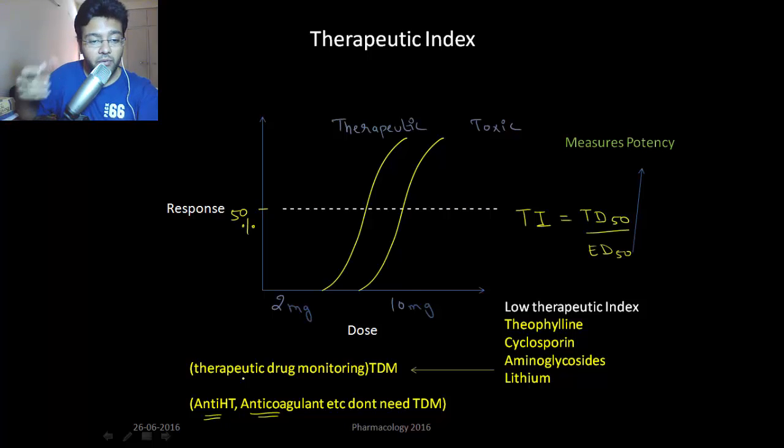For example, if you give an antihypertensive, you can record its response by measuring blood pressure. If you give anticoagulants like warfarin, you could record the response by measuring prothrombin time. You don't need to go inside plasma and measure that drug. You could judge the level of drug by the response it is producing, right? So these don't need therapeutic drug monitoring.